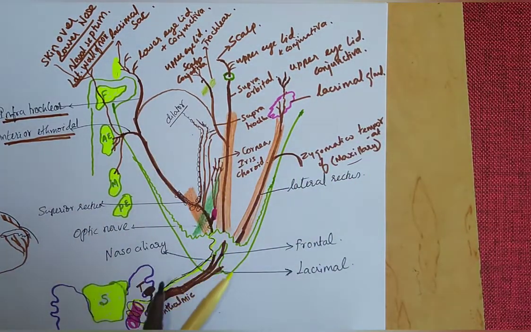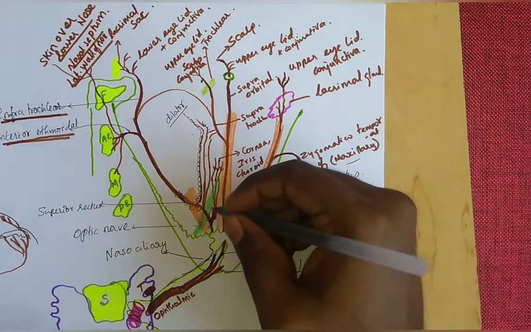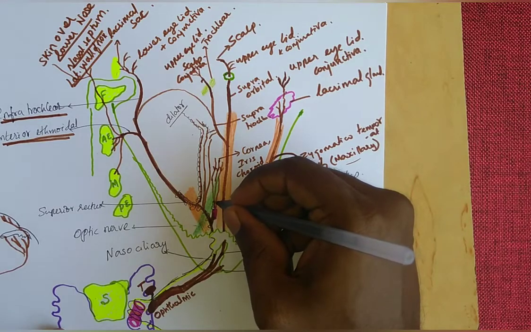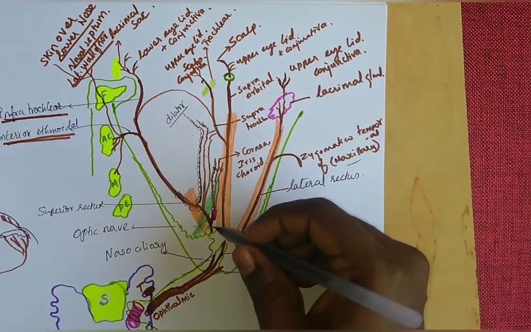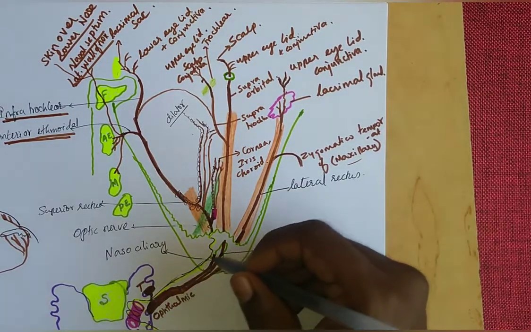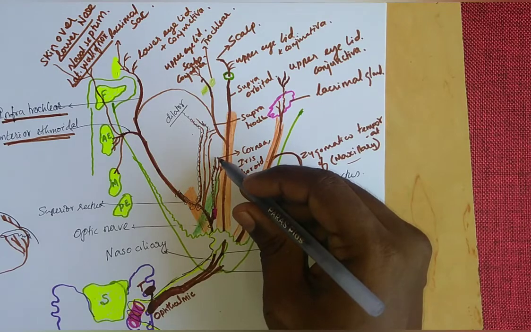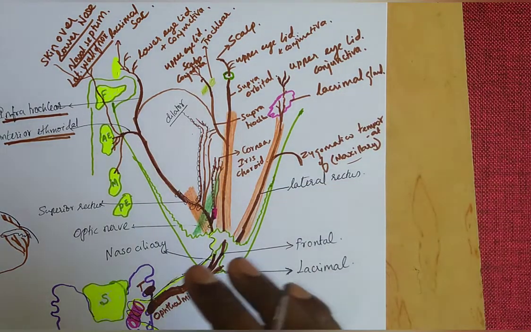And the sympathetics, which are forming the plexus here, will also be traveling via the short ciliary nerves to supply the blood vessels. So that's all about the branches.